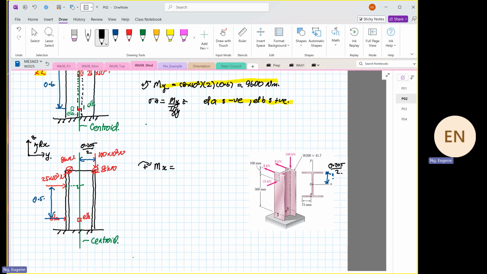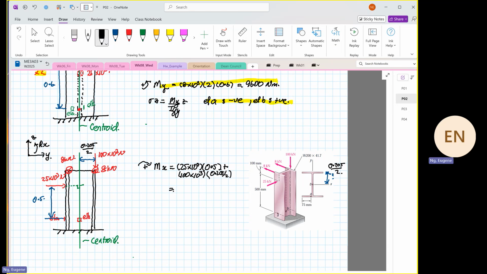So the 25 is positive, and the perpendicular distance is 0.5. The 100 is also generating a clockwise moment, plus 100 times 10 to the power 3 multiplied by 0.205 divided by 2.